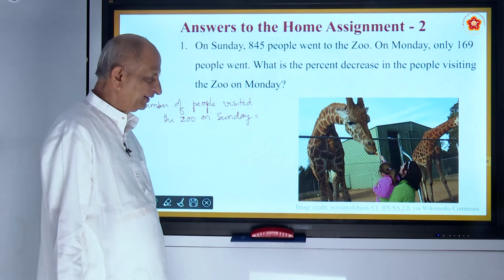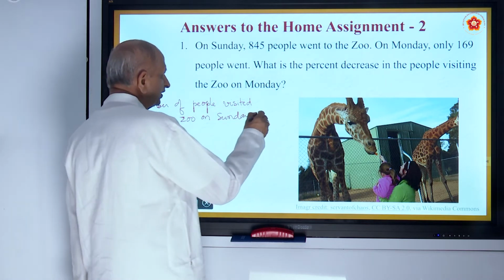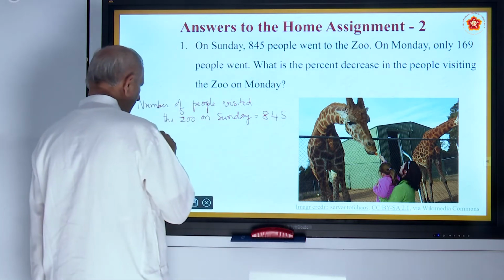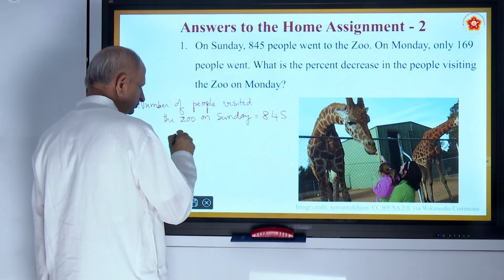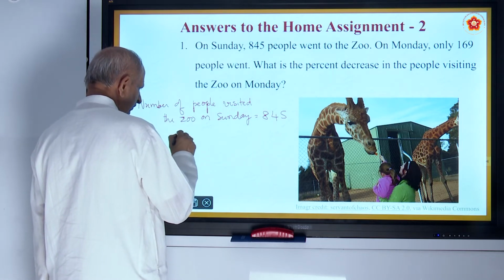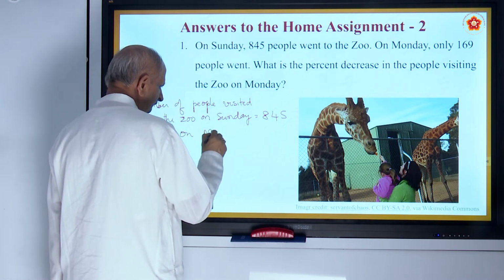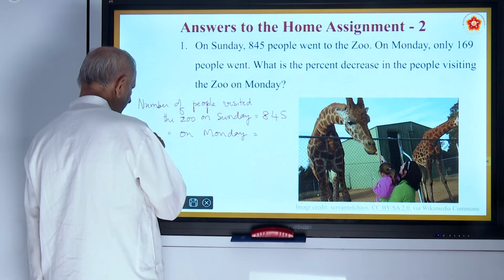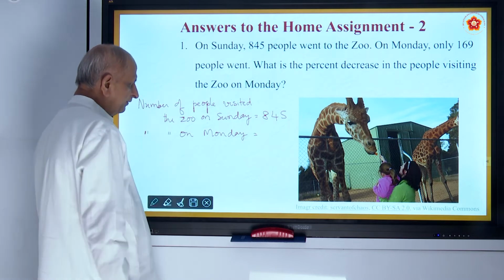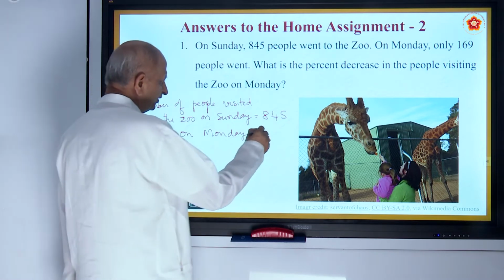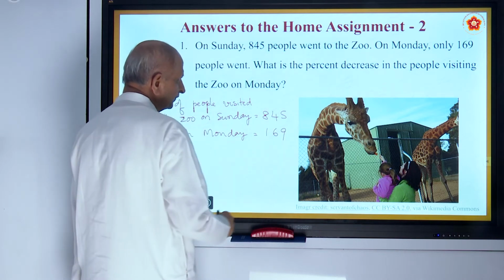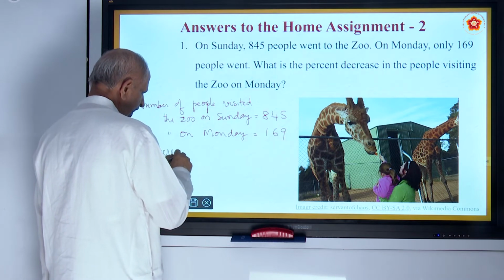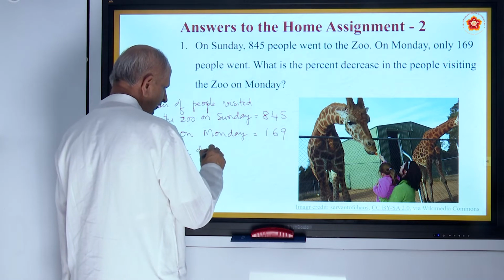Of course, in many cities it is there. On Sunday it is 845. And the number of people who visited on Monday is 169. And they are asking, therefore, the decrease of people, decrease of visitors.